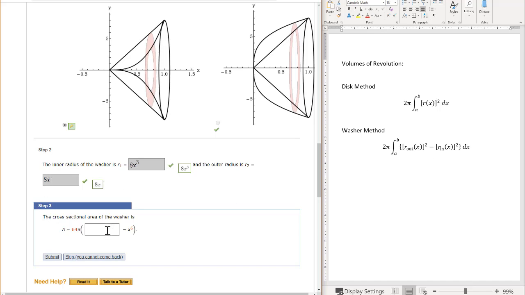So the outer radius is going to be 8x, and the inner radius is going to be 8x to the third. If we square this, we're going to get 8 times 8, that's 64. And then there's a pi out here.